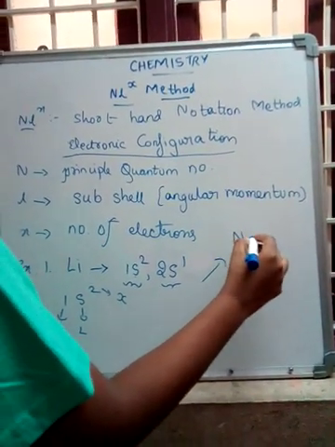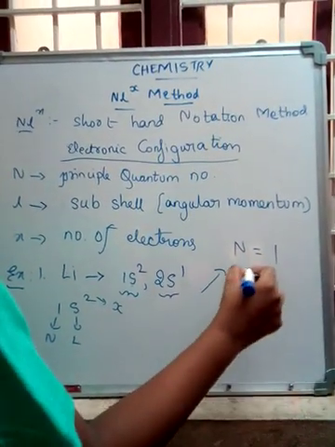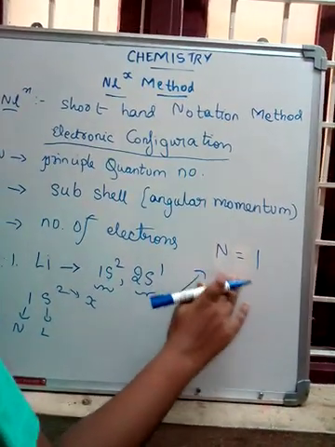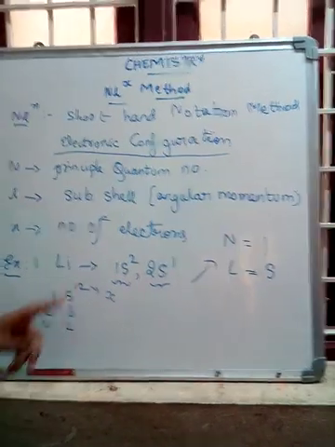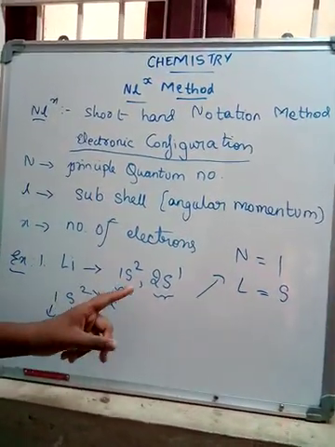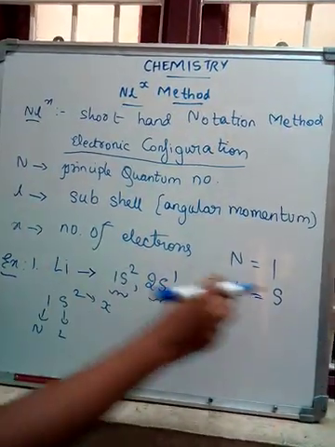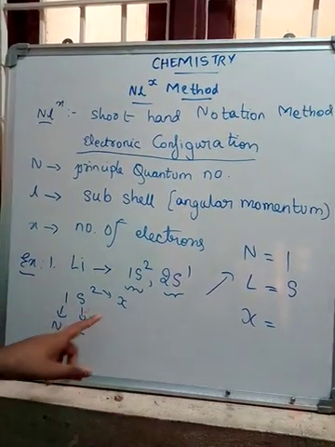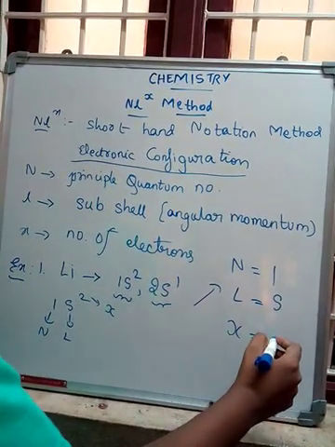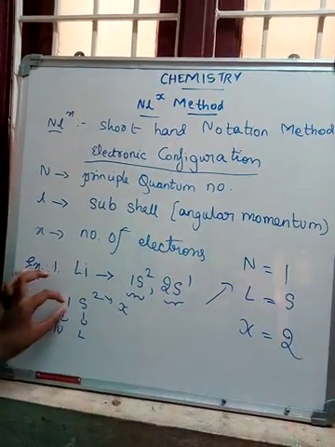N is equal to 1. L is the S subshell, from S, P, D, F; lithium is in the S subshell or angular momentum. X is the number of electrons present, that is 2 electrons. This is for 1s2.